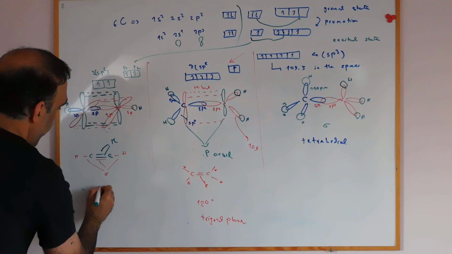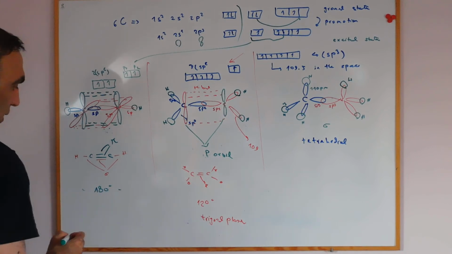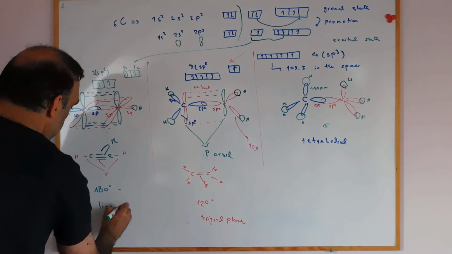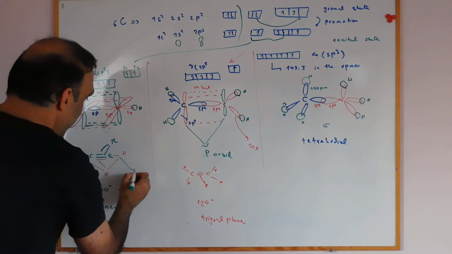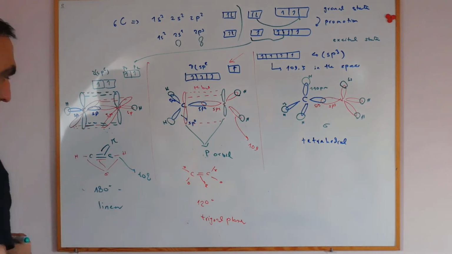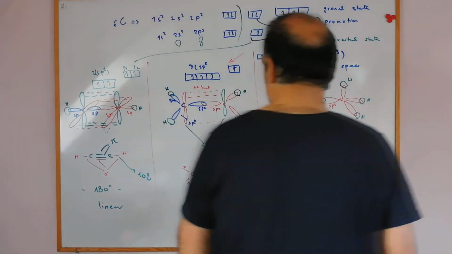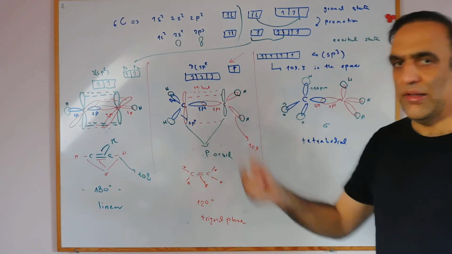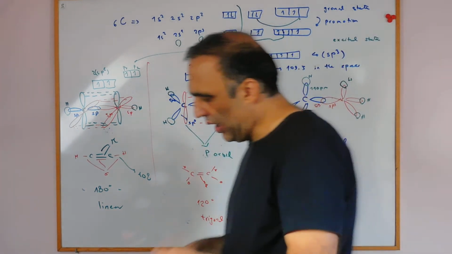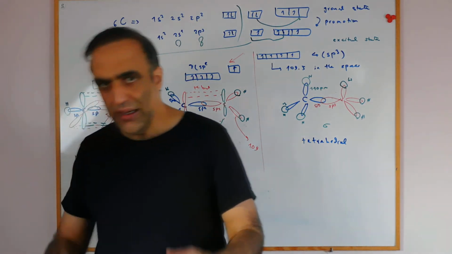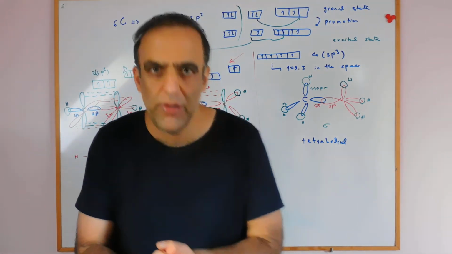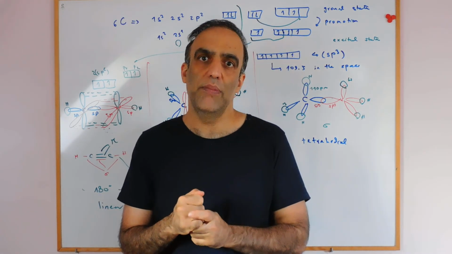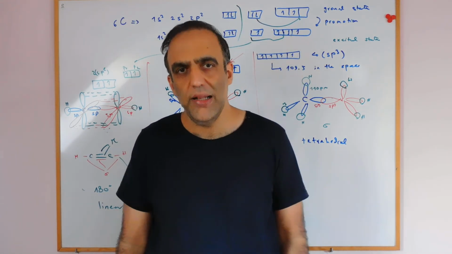The angle is 180 degrees, the geometry is linear, and the carbon-hydrogen length is 108. It's smaller than in the double bond, because the triple bond has the highest electronegativity compared to the double bond and the single bond.